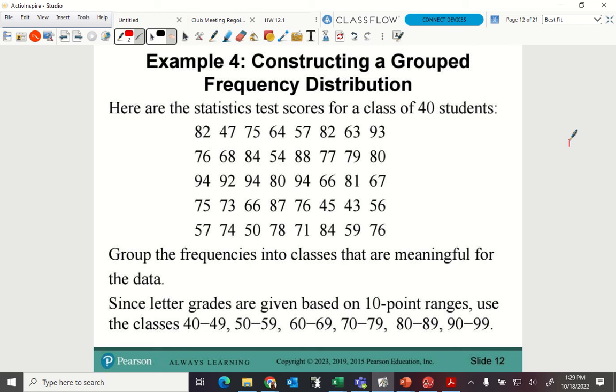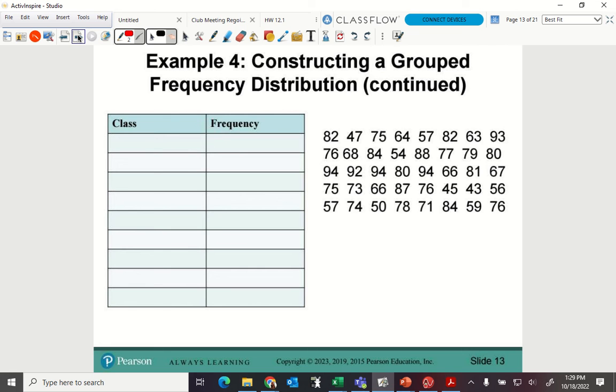So we're going to put it together according to their 10-point ranges. So I go 40 through 49, 50 through 59, 60 through 69, 70 through 79, 80 through 89, 90 through 99.